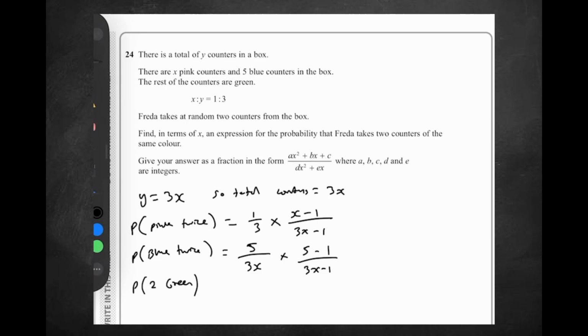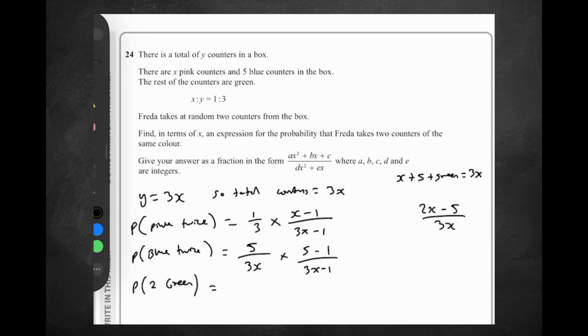The probability of 2 green in a row is going to be the probability of 1 green, which is simply 2x minus 5 out of the 3x total, because we know that x plus 5 plus green equals 3x.